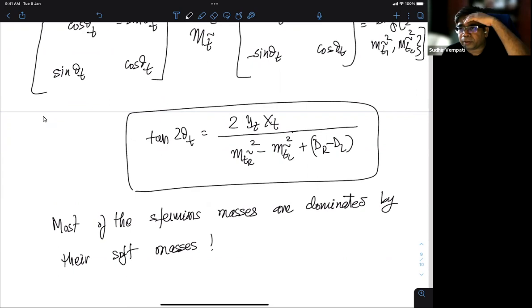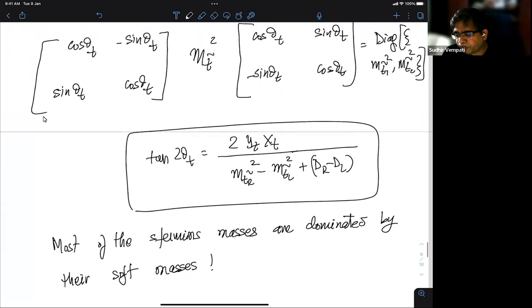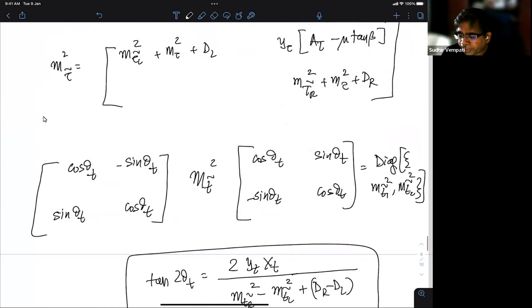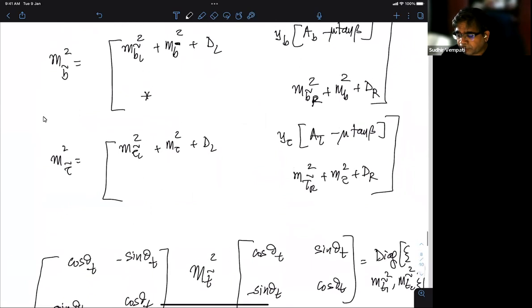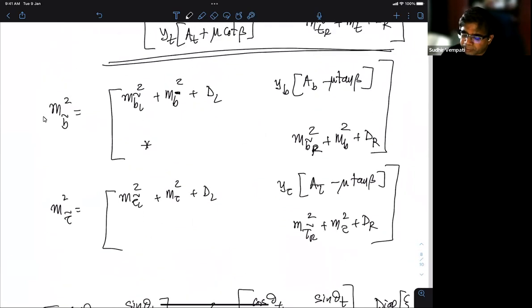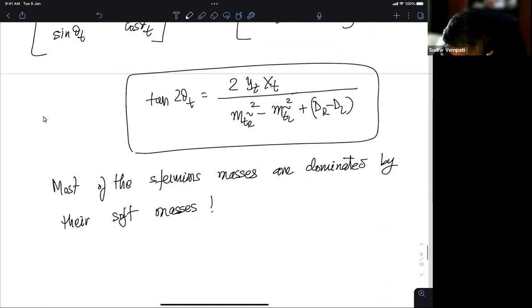You can forget about the sbottom and stau also. Even if I neglect stau and sbottom, in the low tan beta limit they will not have large mixing. But in the large tan beta limit, stau and sbottom can have large mixing. If you take tan beta equal to 50 or something, they can have reasonably large mixing between left and right. Independent of that, just for a second, let's look at the fact that most of the sfermions are dominated by soft masses.